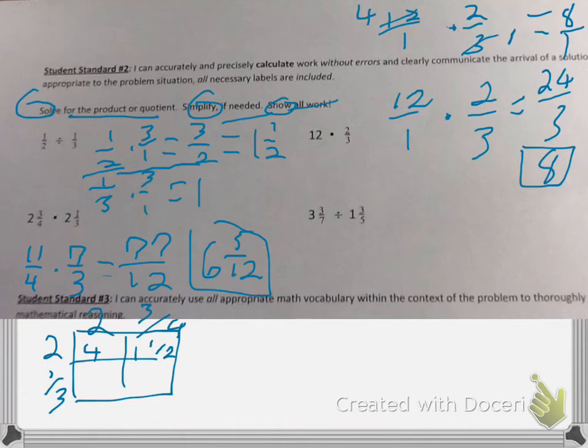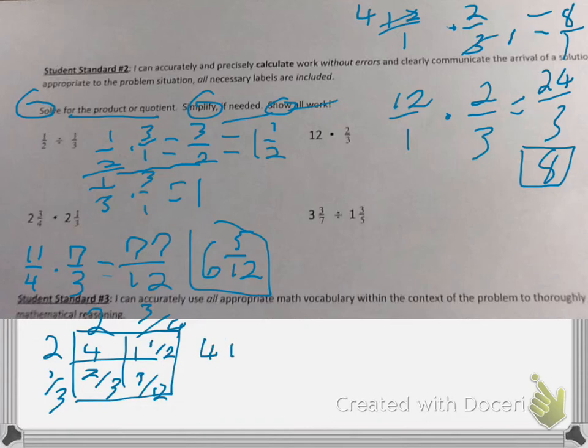And then 2 multiplied by 1/3 is 2/3. And then 1/3 multiplied by 3/4 is equal to 3 twelfths. We'll have 3 twelfths there. Okay, now I just have to add things together.